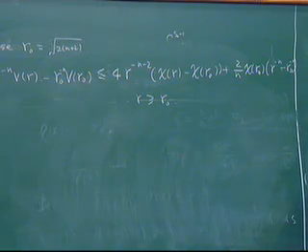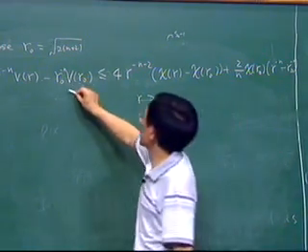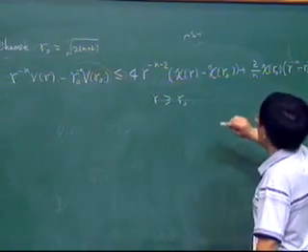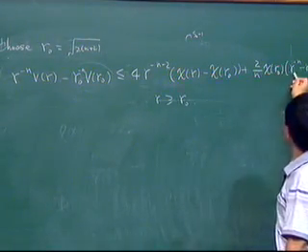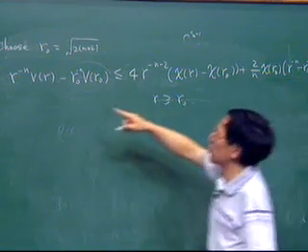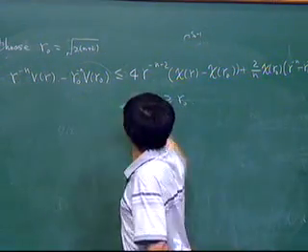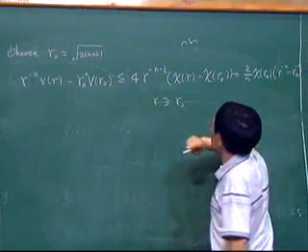So when r0 is fixed, this is a constant. So this is order up to this. If you multiply this term, it will be a constant also.